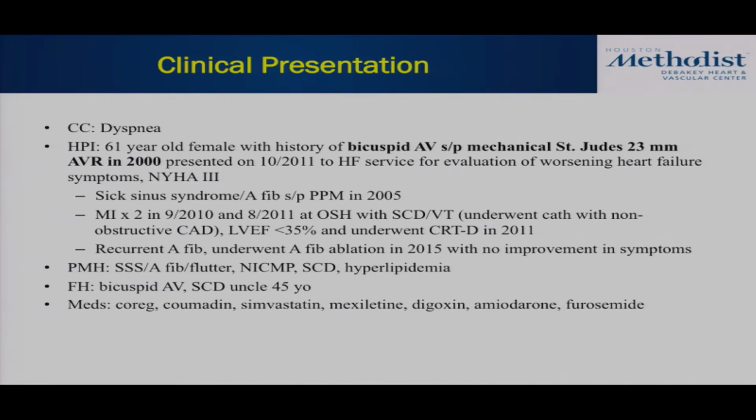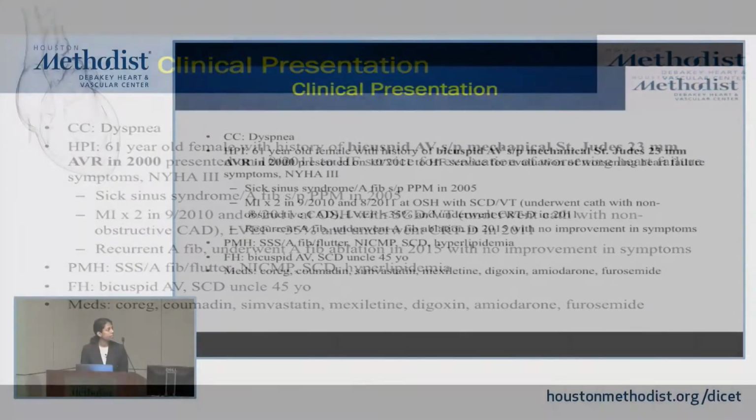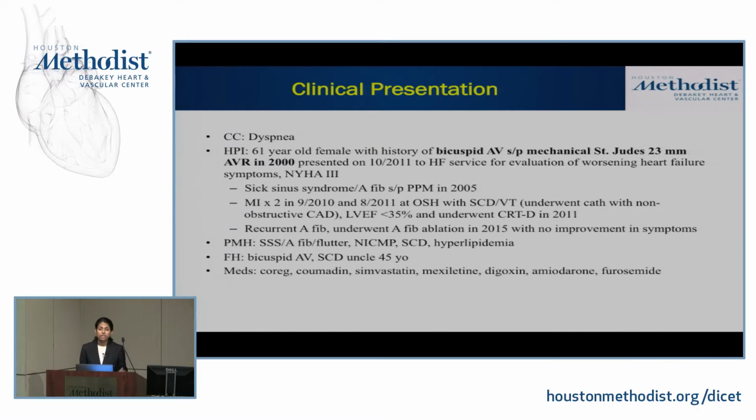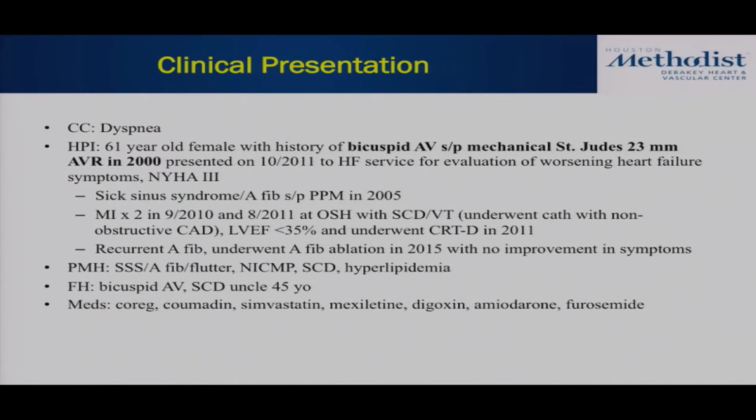She does have a history of recurrent atrial fibrillation flutter and eventually underwent atrial fibrillation ablation and several cardioversions in the past with really no significant improvement in her dyspnea. She does have a diagnosis of non-ischemic cardiomyopathy, sudden cardiac arrest, and hyperlipidemia.